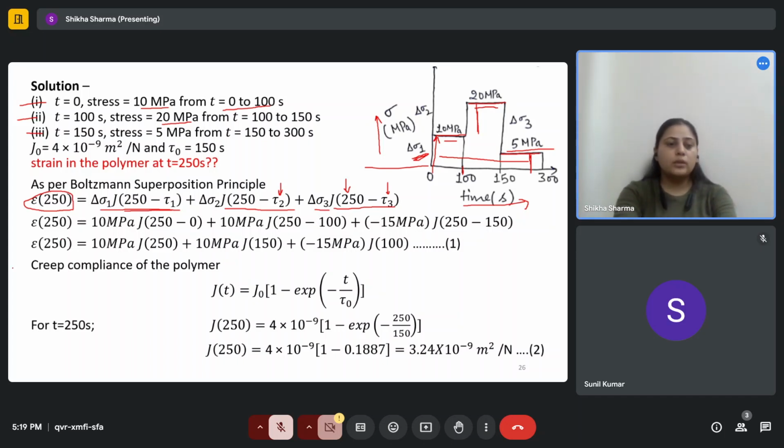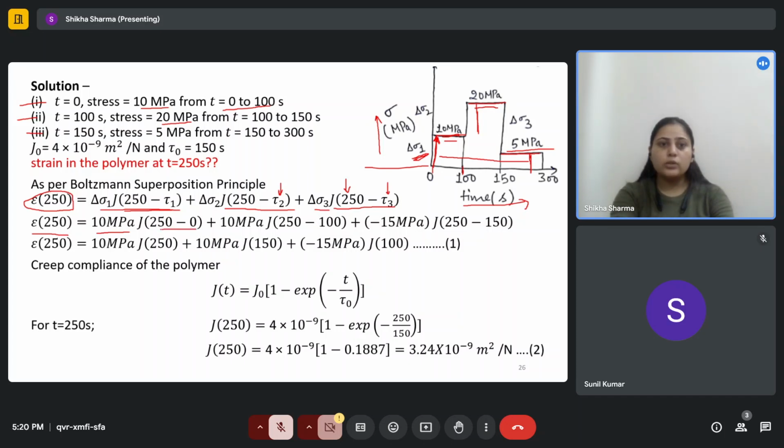So the strain at 250 equals 10 megapascal, which is the sigma 1 value, delta sigma 1, which is 10 minus 0, right? Because from 0 this stress is applied, and it reached 10 megapascal. So 10 megapascal into the creep compliance, which is J at 250 minus 0.